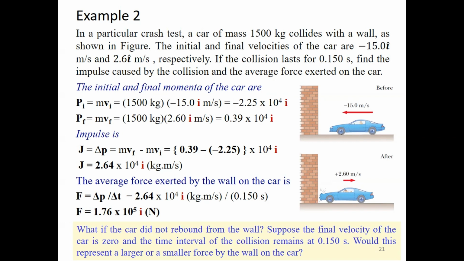The answer is 1.76 into 10 to the power 5 i unit vector, in newtons. Now, if the car did not rebound from the wall, what will happen?